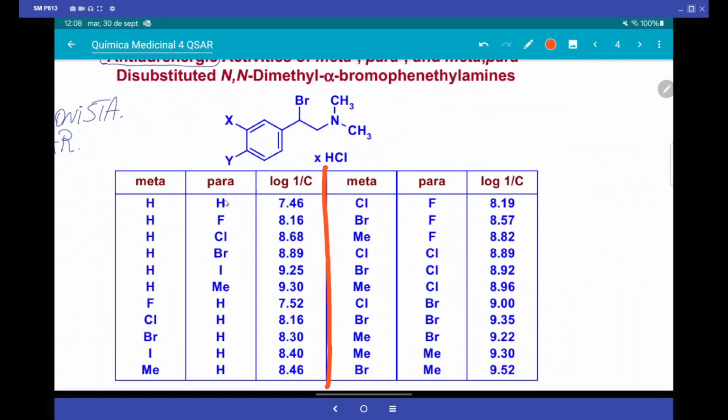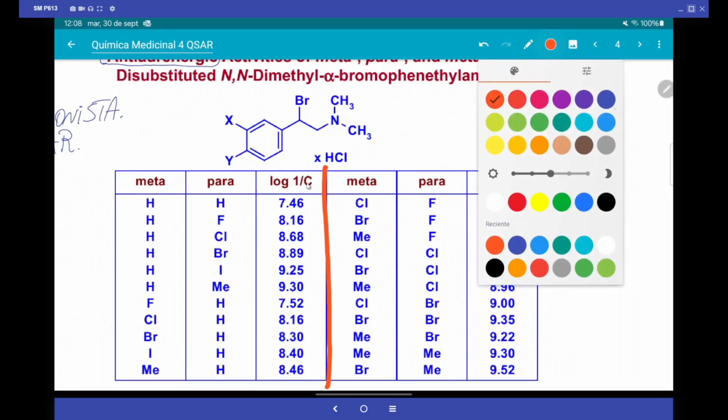It is the same table that is repeated there, and it should go down, but for space reasons it is to the side. I have that there is a meta and a para, and the biological activity, which is log of R, one part by itself.